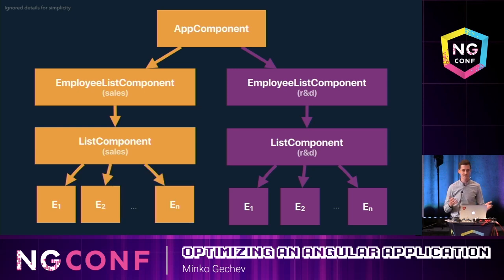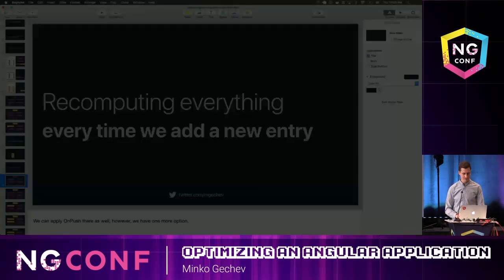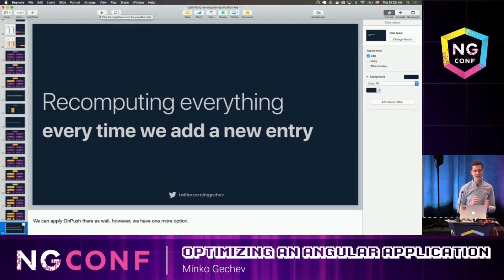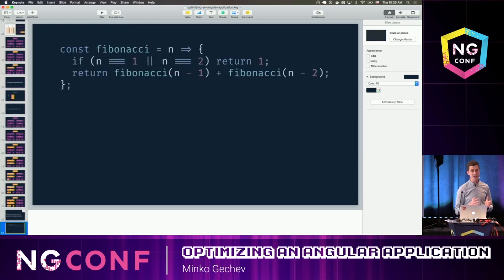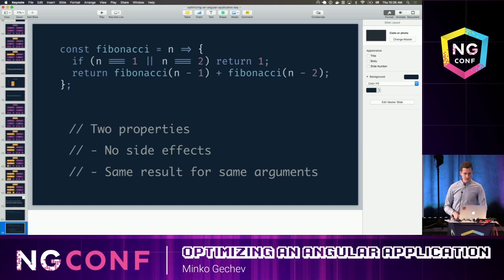So this is not too practical. We're recomputing everything every time we add a new item, and this is definitely not something that we would want to do. Instead, we can take a look at the characteristics of the Fibonacci implementation. I mentioned that it has very important properties which are common for most business calculations that we're performing, right? So first, it does not perform any side effects.